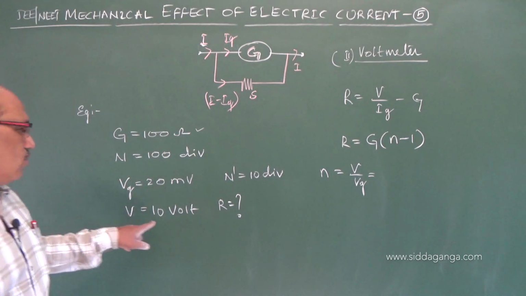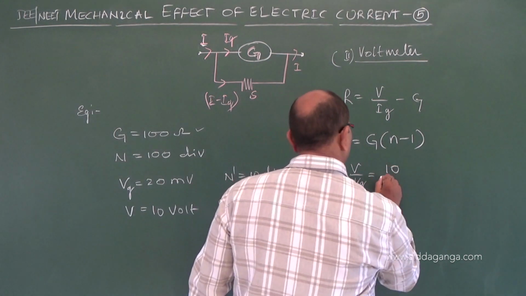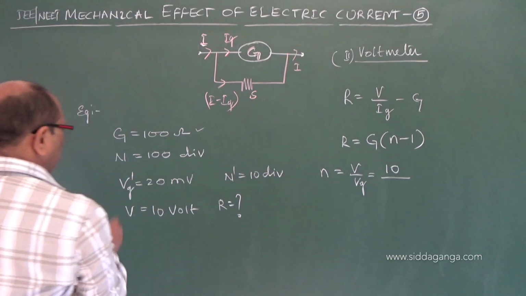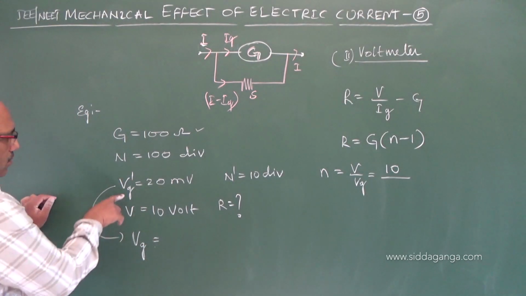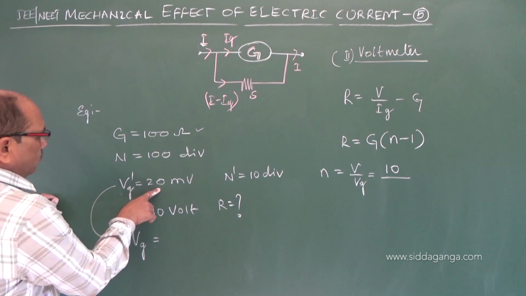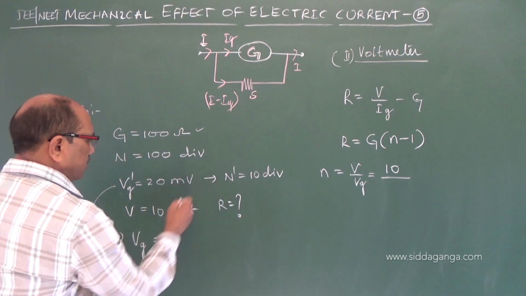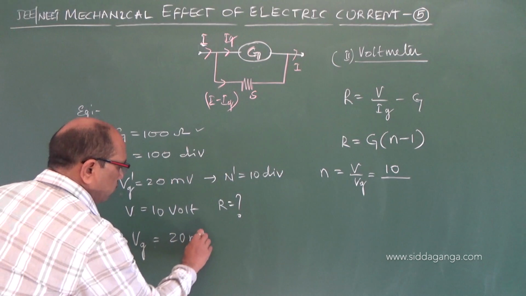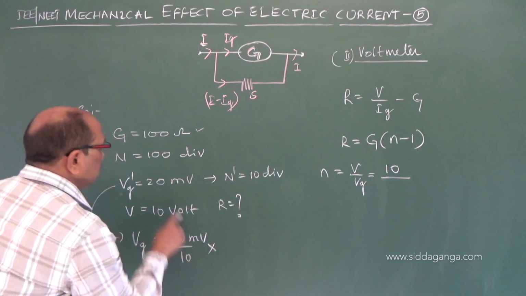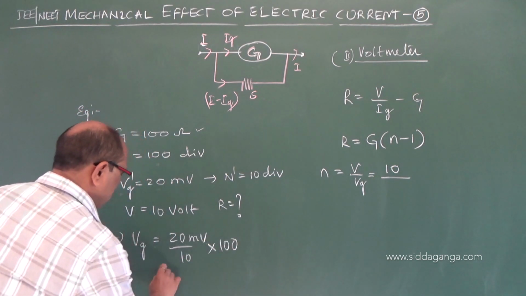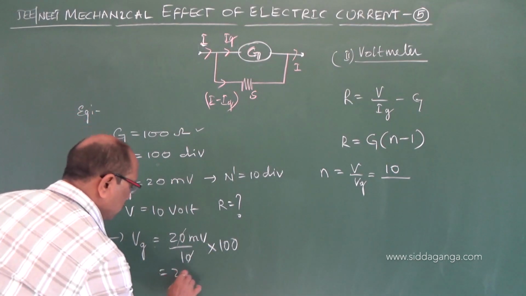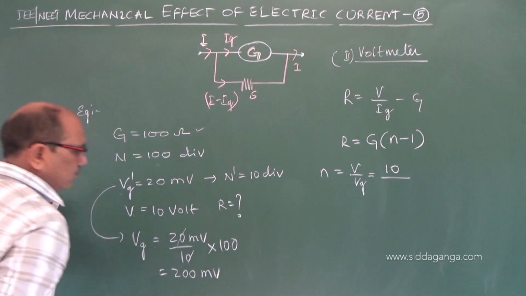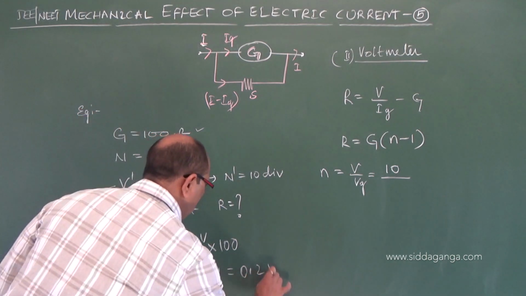V is 10 volt. How much Vg has to be estimated? Vg is nothing but 20 millivolt for 10 divisions. That means 20 millivolt by 10 into 100. So 1 cancels, it becomes 200 millivolt or 0.2 volts.